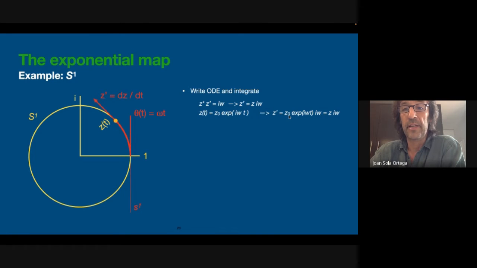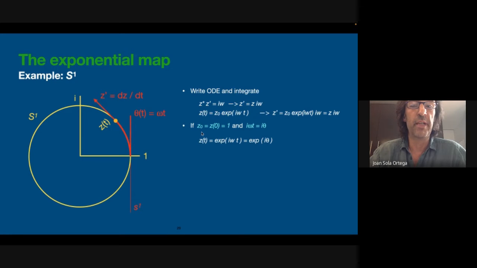And so z0 exponential of i omega t was z. So this gives you z i omega, which is what we wanted. Okay? So this is the solution to this differential equation. And this differential equation came from differentiating the constraint with respect to time. This is what we did 2 slides ago. Okay? So we have this equation.